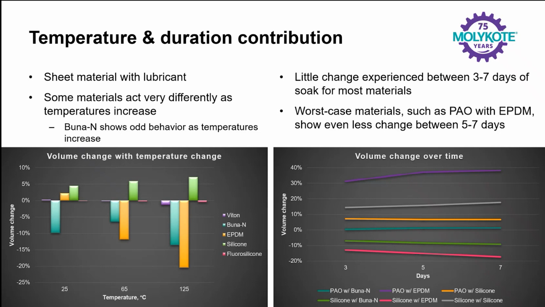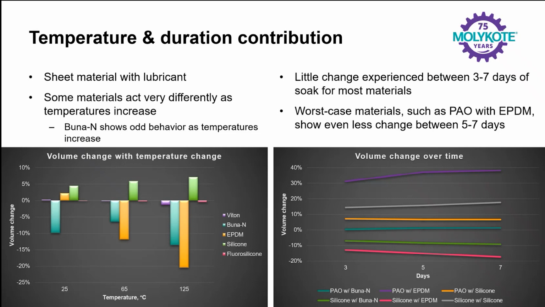You can see some odd behavior when looking at the Buna N. We actually saw the volume change go down at 65°C from room temperature and then back up at 125. So knowing the temperature of your application can really help you determine which elastomer lubricant combination is going to work out best.